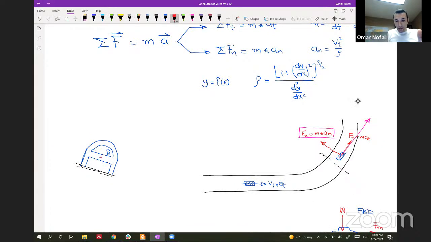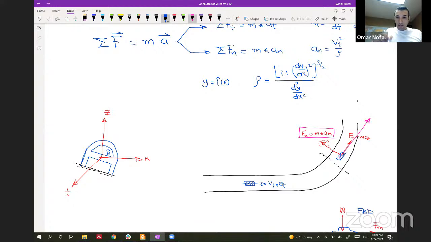If this is the center of mass of the car, the normal direction is going this way, and the tangent direction is coming outside the plane, like this. This is tangent, this is normal, and this is the vertical one, let's call it Z. So let's see how these forces look like.